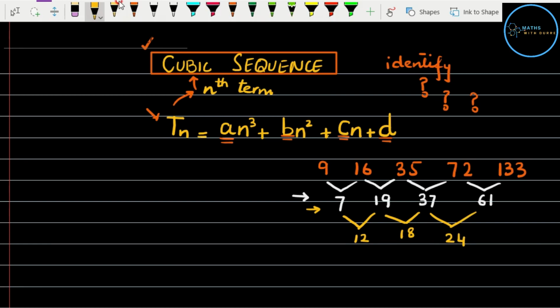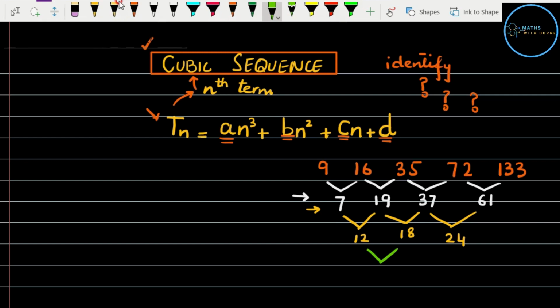Just observe: 12, 18, 24. Are these terms constant? No. It should be the same number. So we will move on to find the difference again to get the same difference, or you can say a constant term.